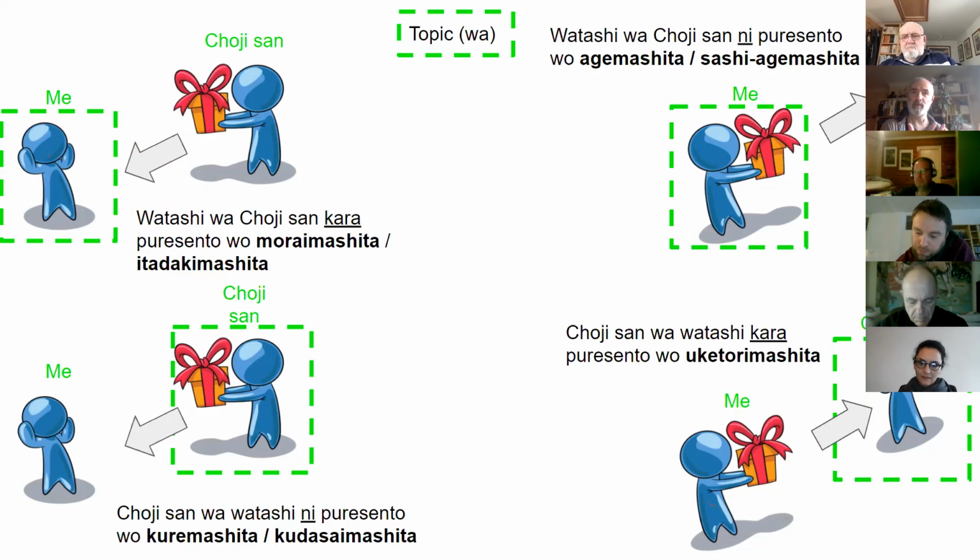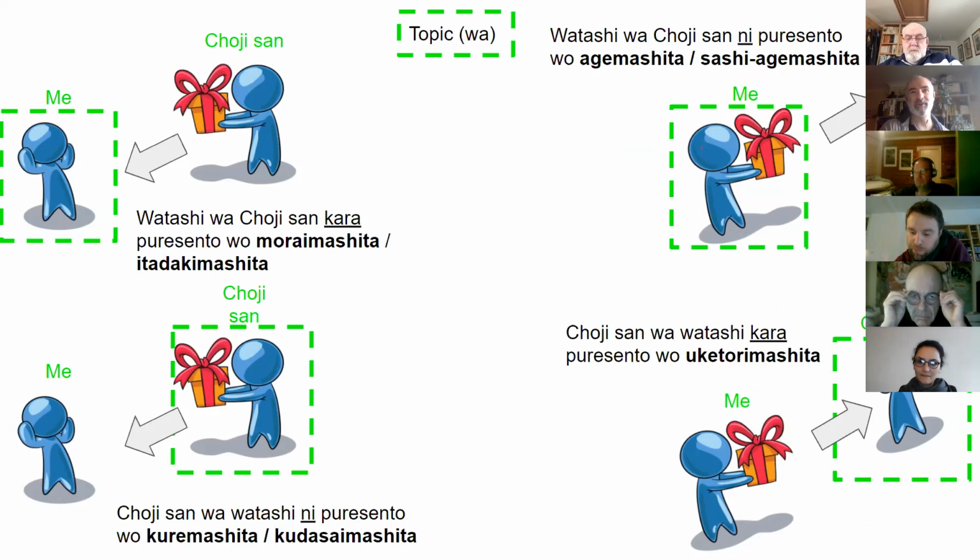You have to say the present went up to them. But we can't use this one because we are not the subject of the sentence. We're seeing it from his perspective. So uketorimashita is basically a very neutral verb. It doesn't suggest going down or going up. It just says it was passed over to him. He received it, without any inference that it's going down or going up.